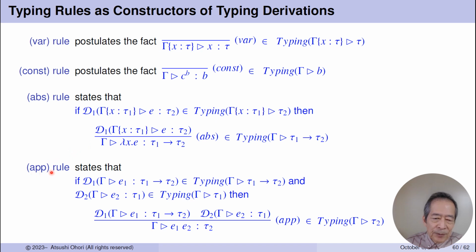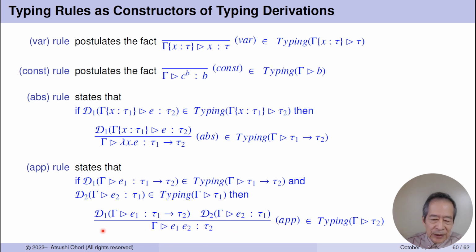Similarly for the APP rule, this rule takes two derivations, D1 with conclusion this typing in this set, and this typing derivation tree with conclusion this typing in this set. And then you combine these two derivation trees and extend one node by application of this APP rule.